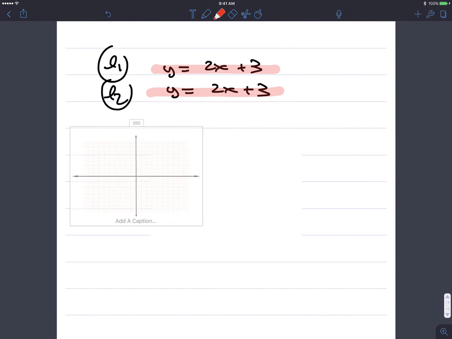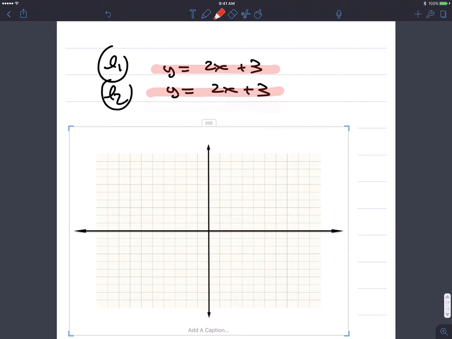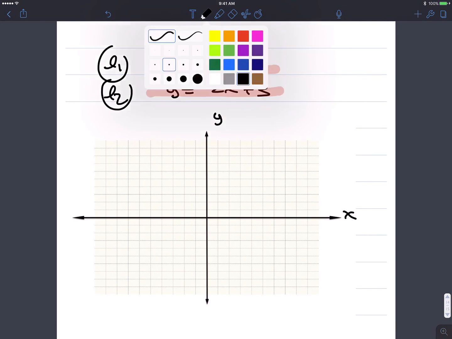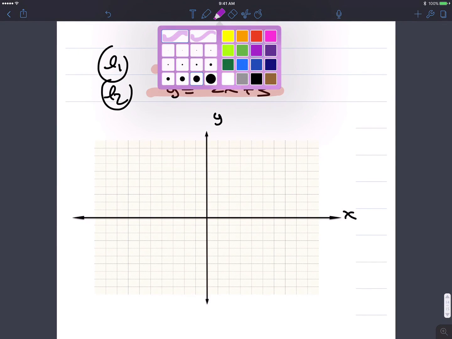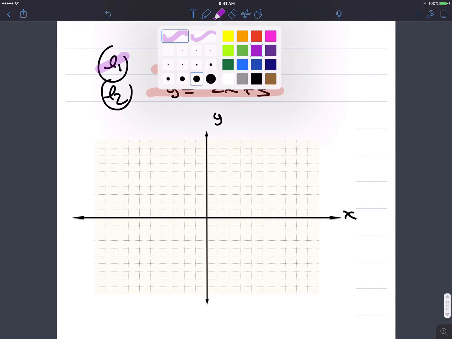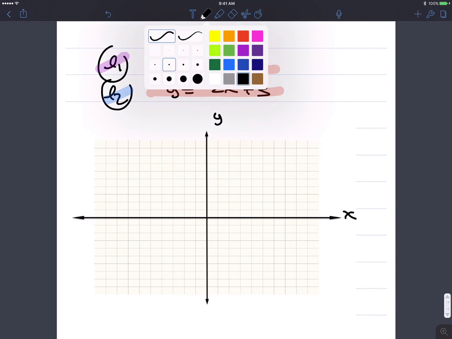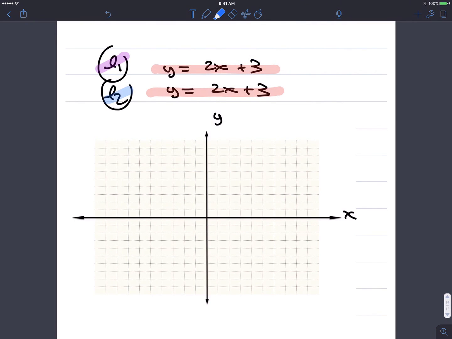Let's bring in our graph. Let's go through the details. May be necessary, may not be. X-axis, y-axis. I'm going to graph, if I want to think of it that way, one equation in purple and the other in blue. And when I start to graph this, let's start to do the purple one. You say, okay, we have a y-intercept at +3. 1, 2, 3.